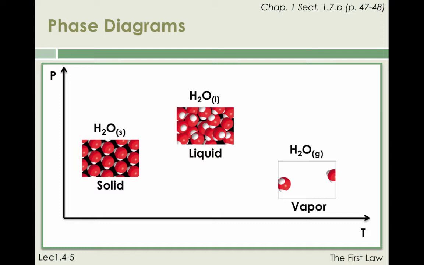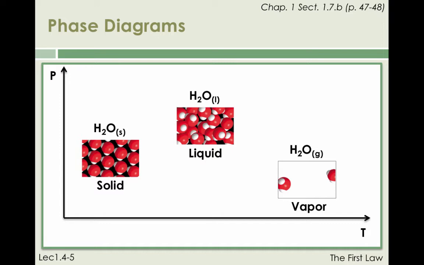These three regions of the phase diagram are best represented on plots of pressure, the y-axis, versus temperature, the x-axis. These regions are separated from each other by curves where two phases exist in equilibrium with each other. We will call these curves coexistence curves.